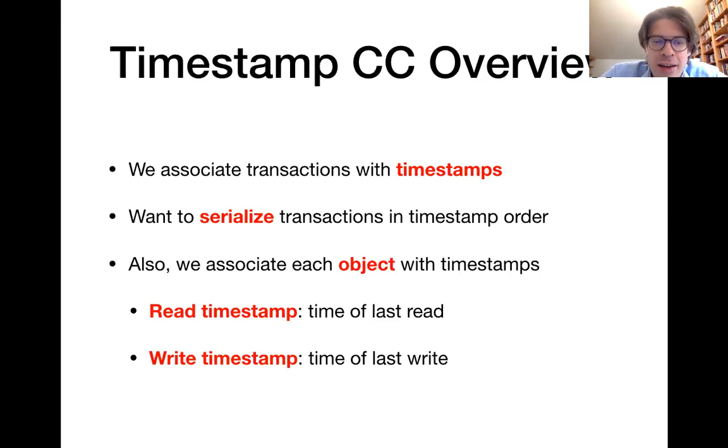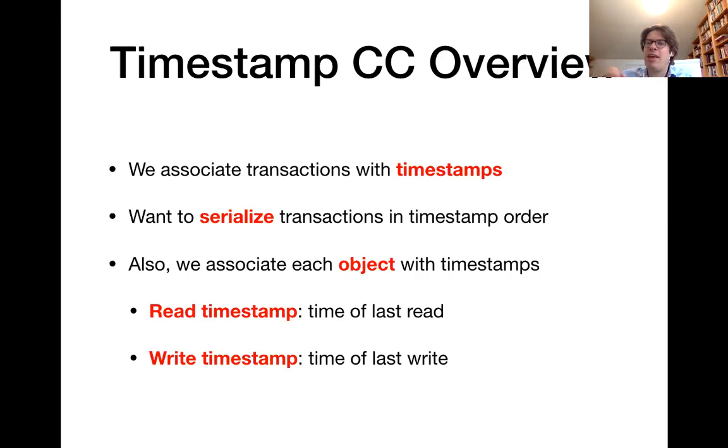Each object is associated with a read timestamp, which essentially is the timestamp of the last read operation on it, and with a write timestamp, which is the timestamp of the last write operation on it. Essentially, those read and write timestamps for objects are set based on the timestamps of those transactions.